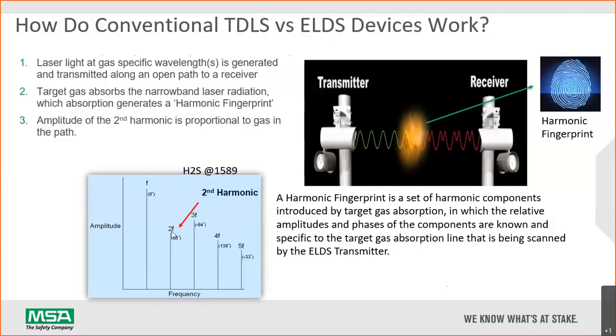Because the second harmonic may be generated because of noise, vibration, interfering components, or neighboring components. The second harmonic may be generated by so many other reasons. So unless you measure the third, fourth, and fifth harmonics, which are characteristic of a certain component, you will not be able to eliminate false alarms.